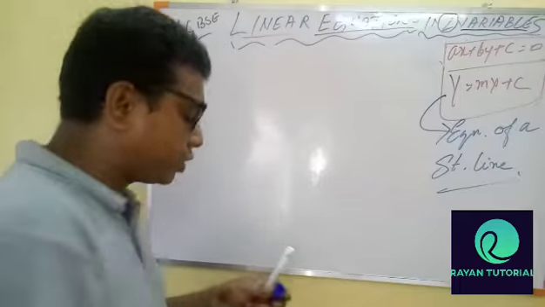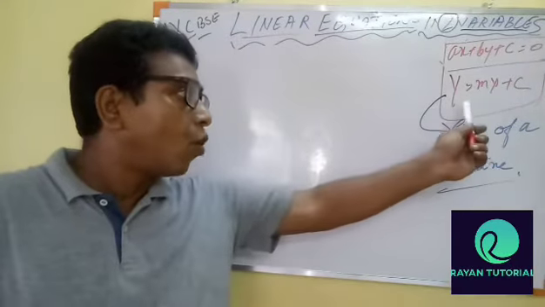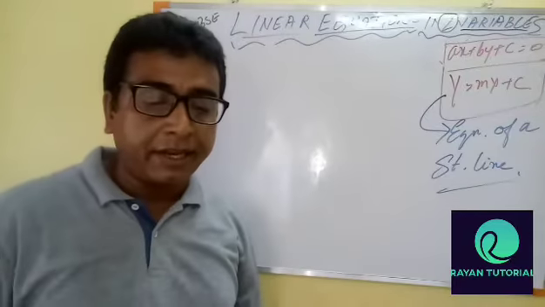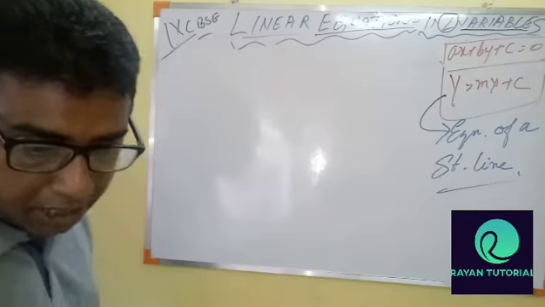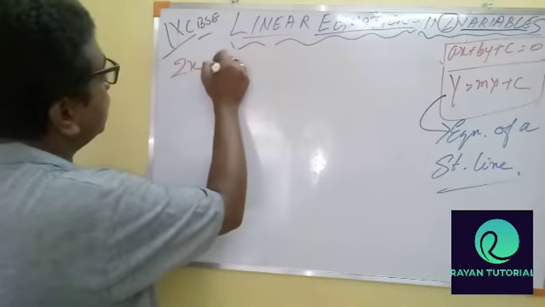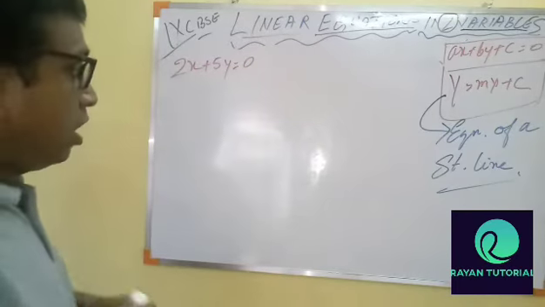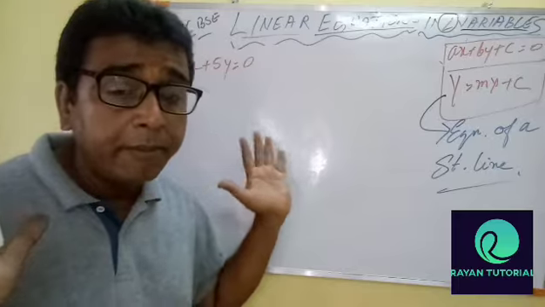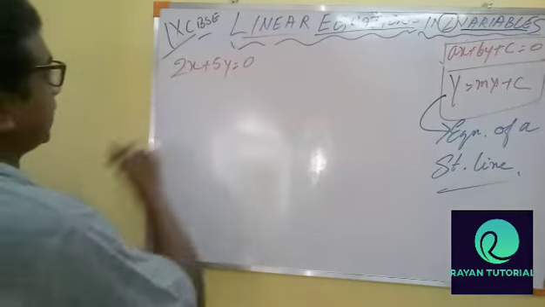Now you need to know this one. This is the equation of a straight line, y equals mx plus c. Okay, let me take the equation 2x plus 5y equals 0. First of all, make the solution set.